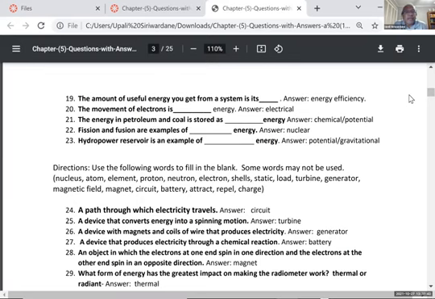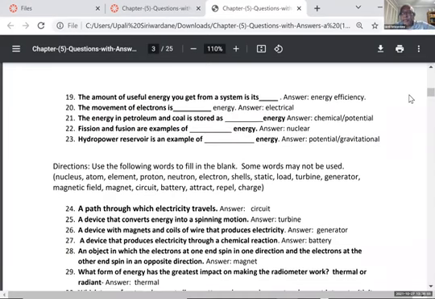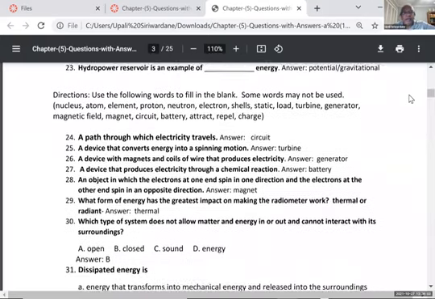Fission and fusion are examples of nuclear energy. Fission, we talked about uranium-235. Fusion takes place in the stars. Hydrogen converted to helium. A hydropower reservoir is an example of potential energy due to gravitation.